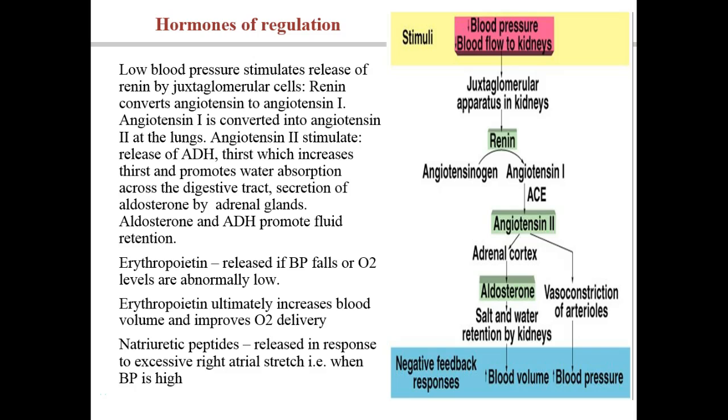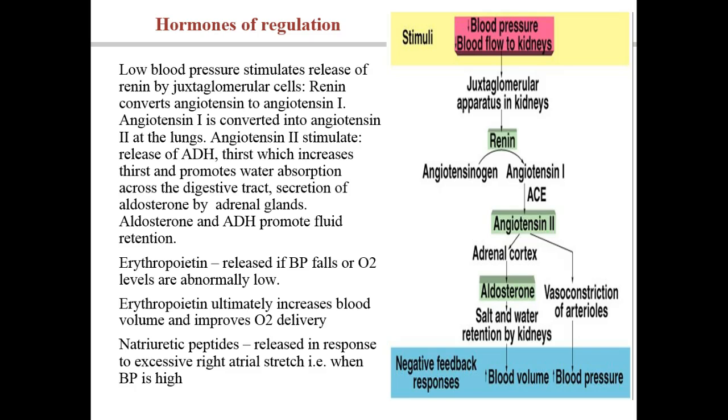Other types of hormonal type chemicals, you have natriuretic peptides. Those are released from the right atria. They are released in response to the atrial stretch.